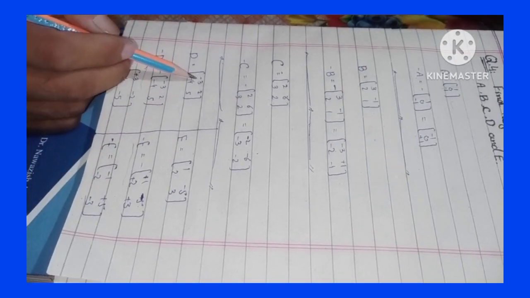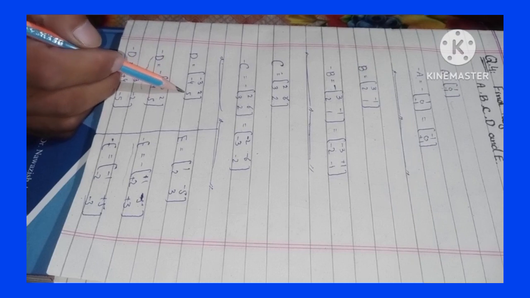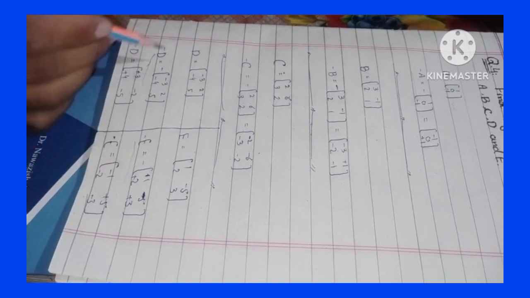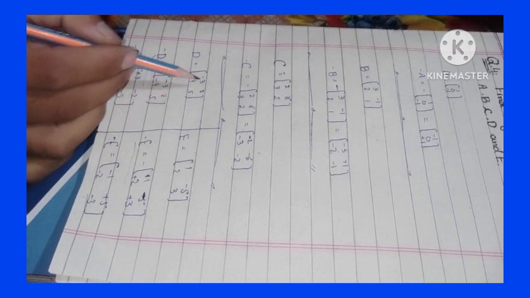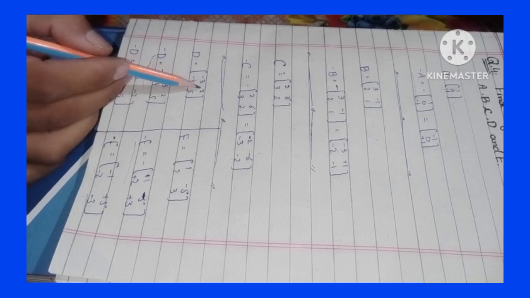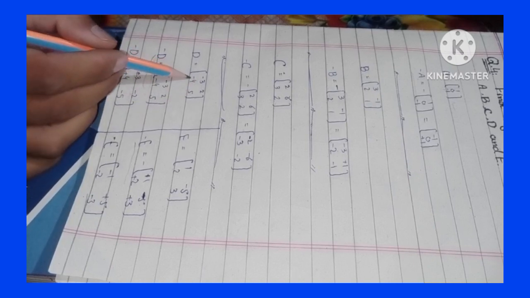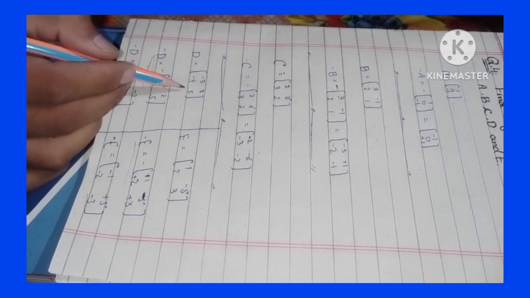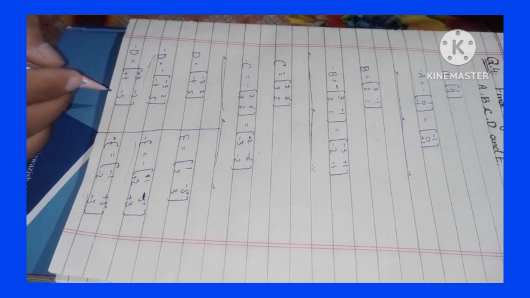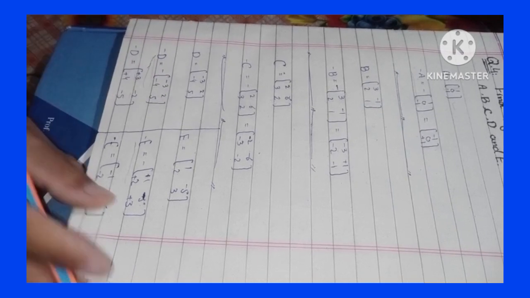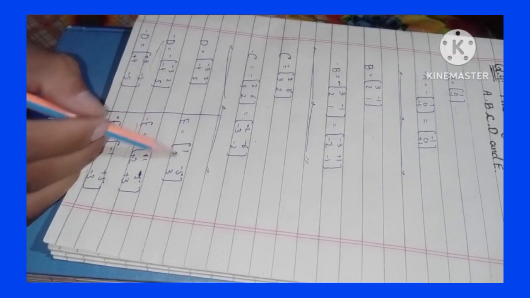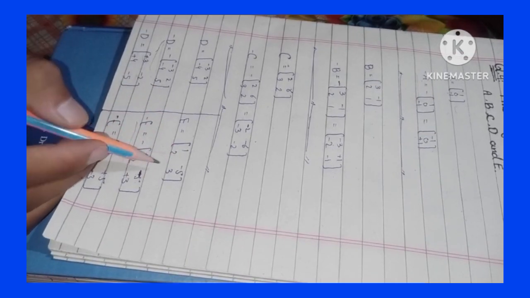Matrix D is minus 3, 2, minus 4, 5. Apply the negative sign. Minus 3 changes into positive, positive 2 changes into negative, minus 4 changes into positive 4, positive 5 changes into minus 5. Similarly, matrix E is 1, minus 5, 2, 3.